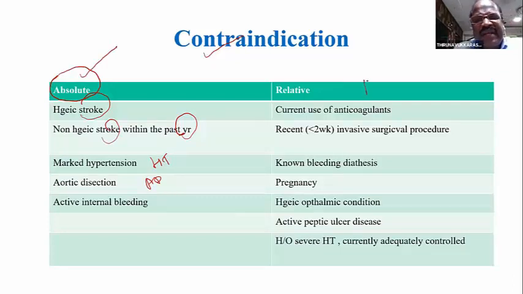All these are absolute contraindications for thrombolysis. But there are some relative contraindications. For example, the patient currently using an anticoagulant, recent invasive surgical intervention, known bleeding diathesis, pregnancy, hemorrhagic ophthalmic condition, active peptic ulcer disease, or history of hypertension that is currently controlled adequately. All these are relative contraindications, so please go through these also.